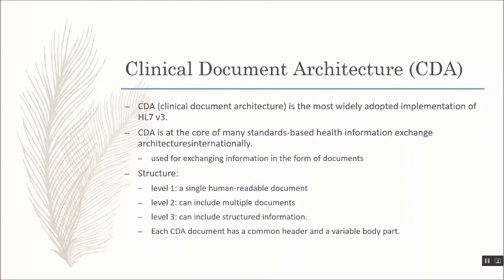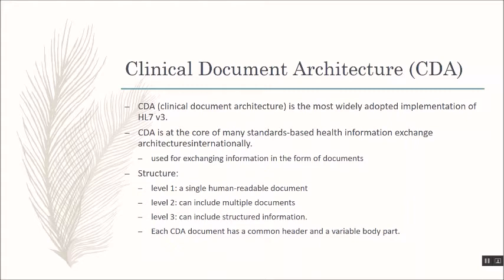Each CDA document has a common header and variable body parts. For different report types, for example, labs, cardiology reports, and transcription reports, there could be different body parts. There are three different levels of CDA documents.